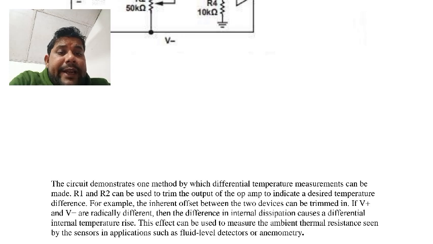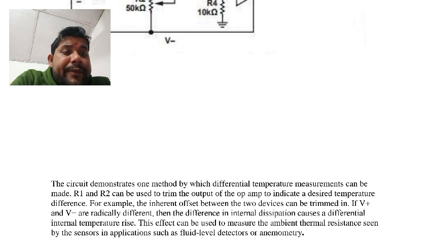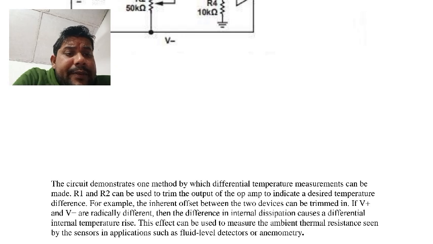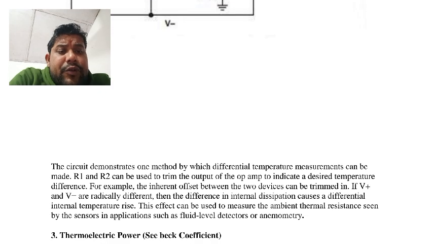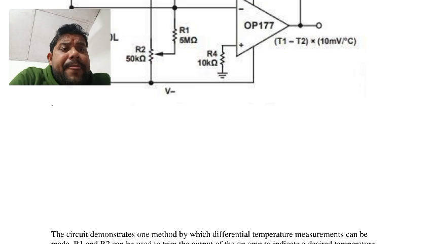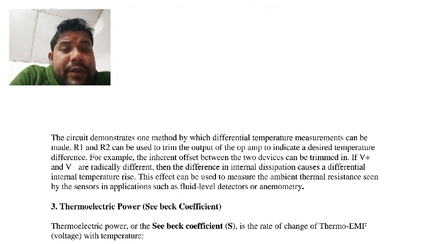For example, the inherent offset between the devices can be trimmed if V1 positive and negative are radically different. Then the difference of internal dissipation causes differential internal temperature rise.